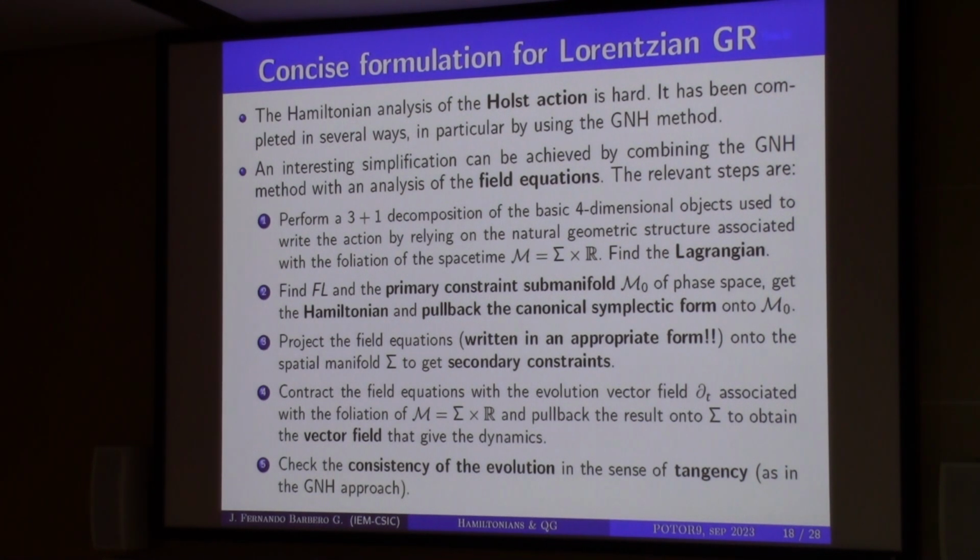Now we'll talk about another application of this D&H method and a slightly different point of view regarding the Holst action. So the Holst action is one of the basic actions that you can use to arrive at the Ashtekar formulation of relativity, the real Ashtekar formulation. It has been studied by using Dirac's method, and the results are correct.